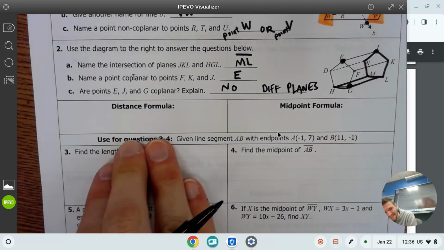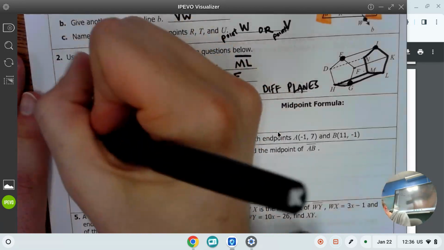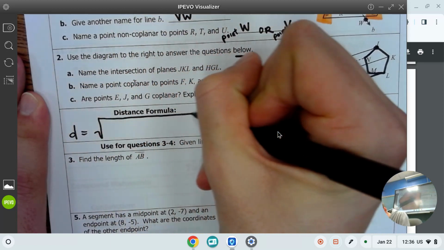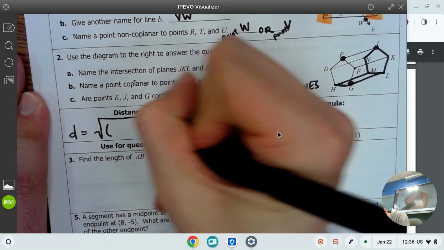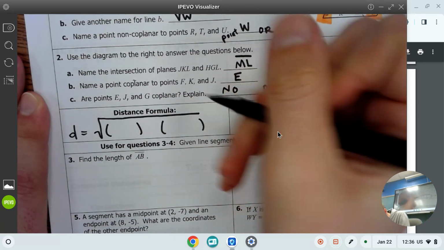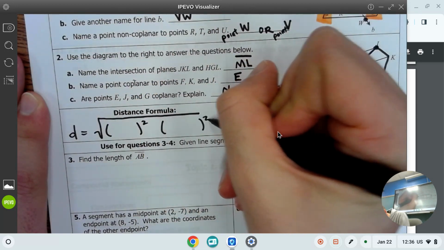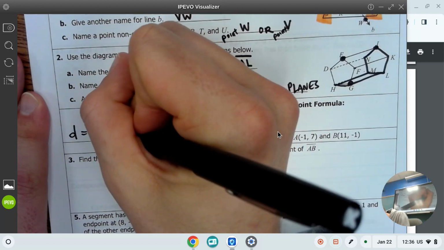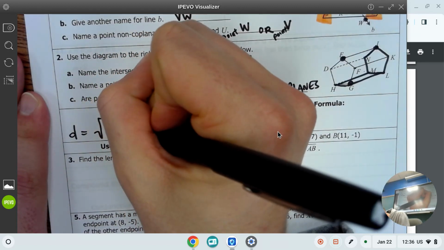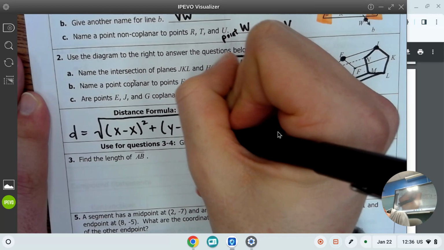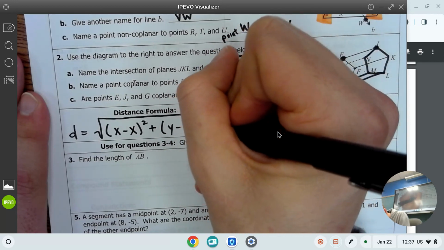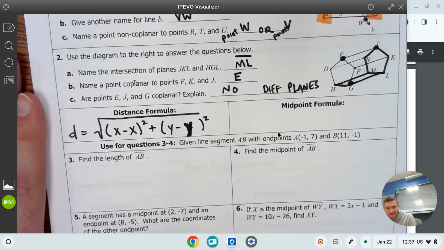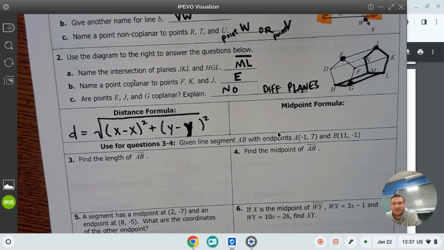Then we're getting to the distance and midpoint formula. Again, it's been a long time. Lowercase d for distance, square root, parentheses, x minus x, y minus y. Speaking and writing at the same time.